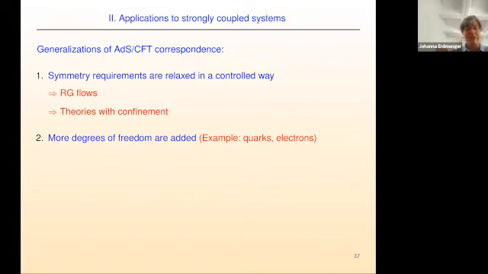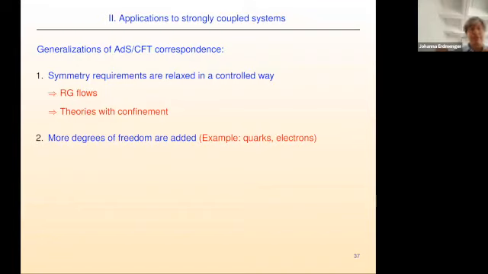This means that if the charges are very close to each other, they interact very strongly, but if we take them infinitely far apart, they will not notice each other anymore. But in QCD, it's the other way around. Particles interact very strongly if they are very far away, but very weakly, almost quasi-free, when they are very close to each other. This is the asymptotic freedom you may have heard about.